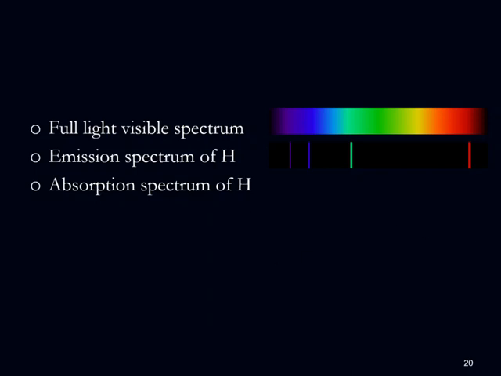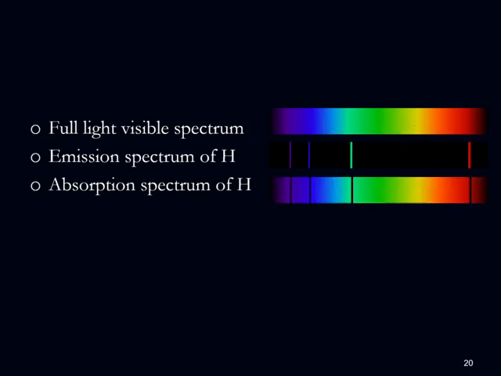And if we flip this around, we could also talk about the fact that hydrogen would absorb light at those same exact spots. So let's say now you're looking at the full range of sunlight, as sunlight passes through hydrogen, it would actually be absorbing light at those same frequencies right there.